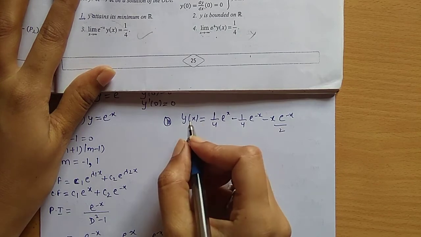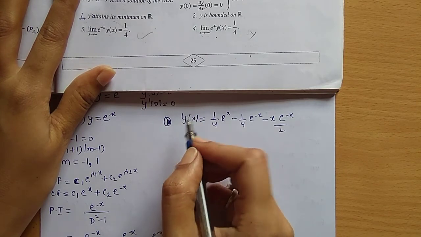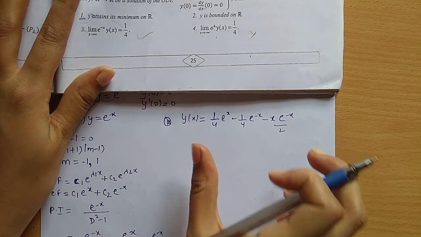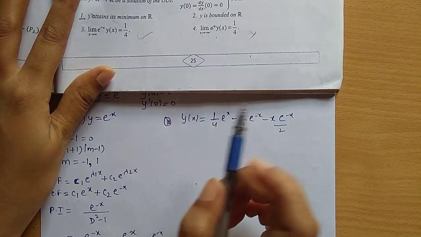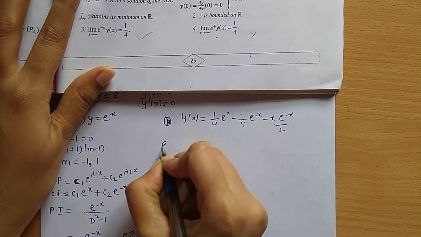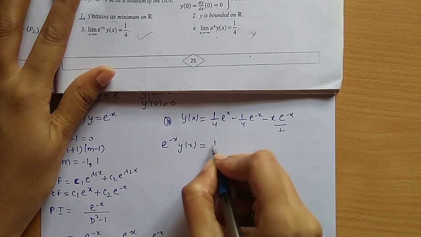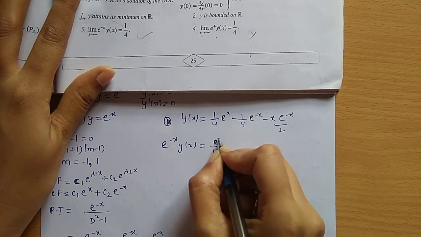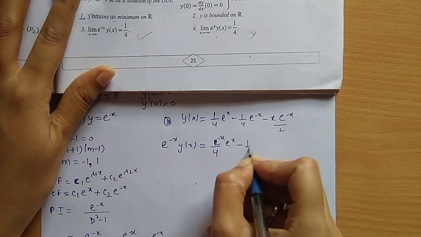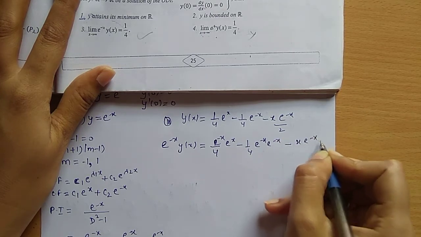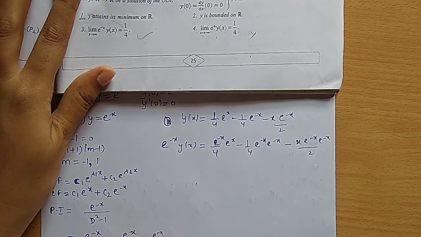According to the third option, we multiply this solution with e to the power minus x.